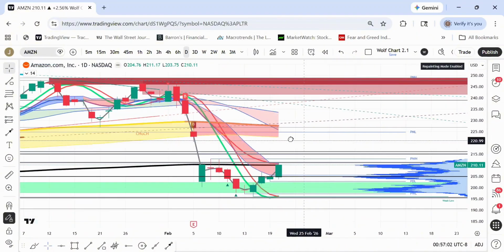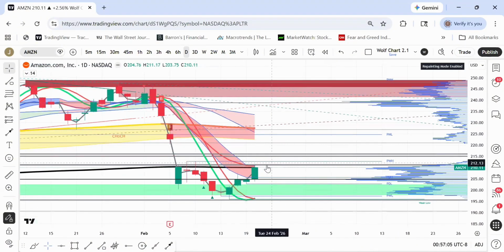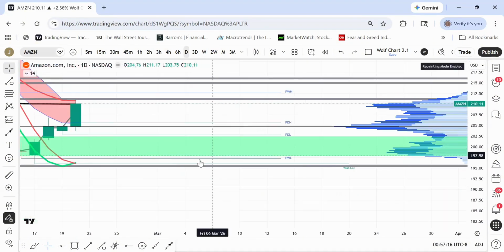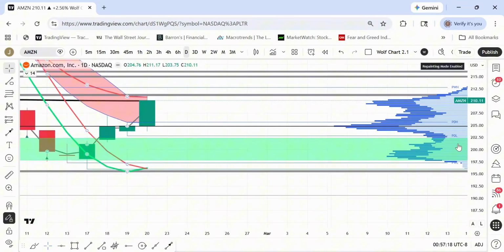Now let's look at Amazon on a daily time frame. You can see that we're getting an inverse arc into this internal order block. Let us zoom in a little bit. Let's look a little bit deeper.